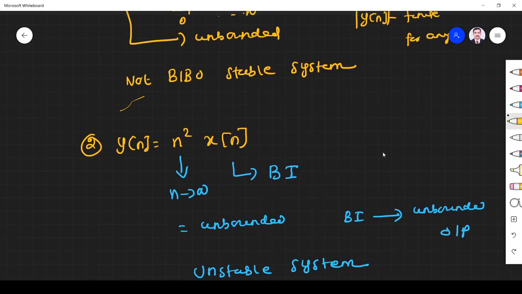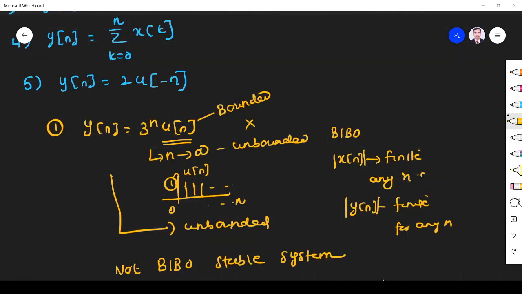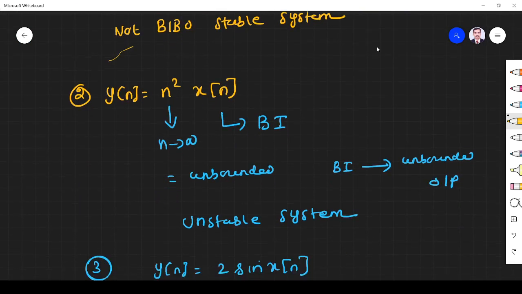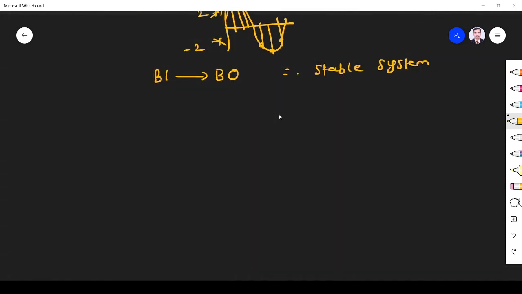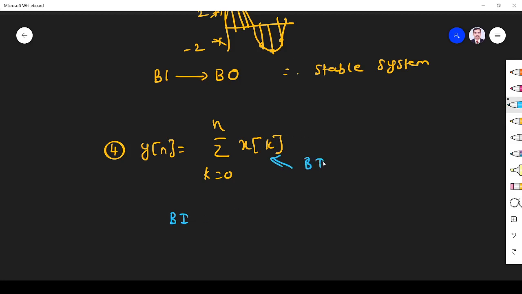Okay. Fourth problem. y of n is equal to summation k goes from 0 to n of x of k, right? As usual, I apply a bounded input, so x of n is always bounded, that is my condition.